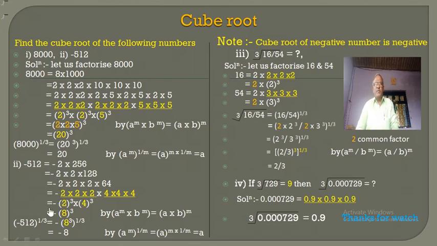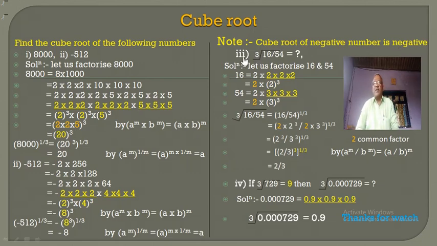So the next step is minus (2 raised to 3 into 4 raised to 3) is equal to minus 8 raised to 3. Taking cube root of both sides, we get minus 8 is the cube root of minus 512. Note here, cube root of a negative number is negative.